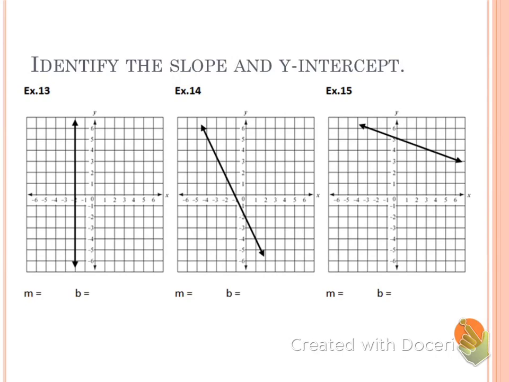We're not just saying if our slope's positive or negative, we're actually finding our slope, our rise over our run like we did yesterday. And we're finding our y-intercept. Example 13, I'm hoping is pretty easy because that's a special case. Can anybody tell me what my slope is on 13? Preferably someone I haven't heard from yet today.